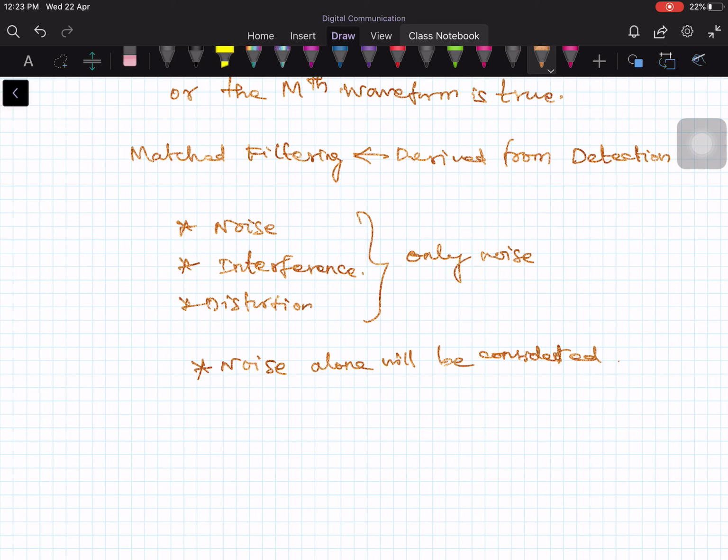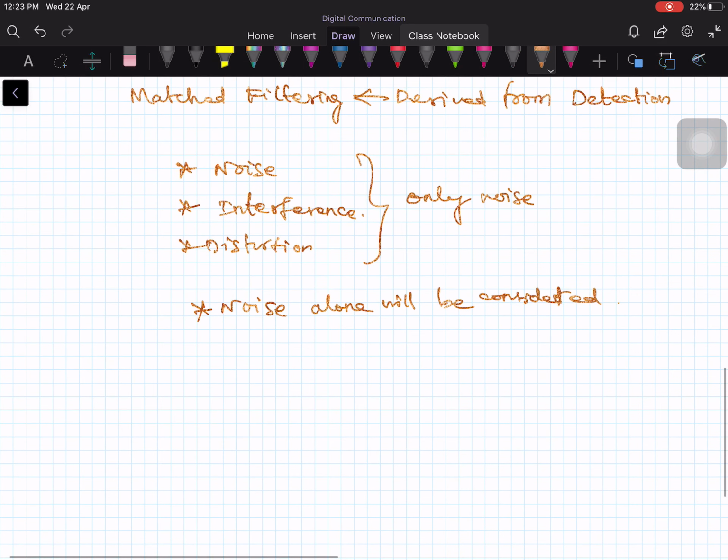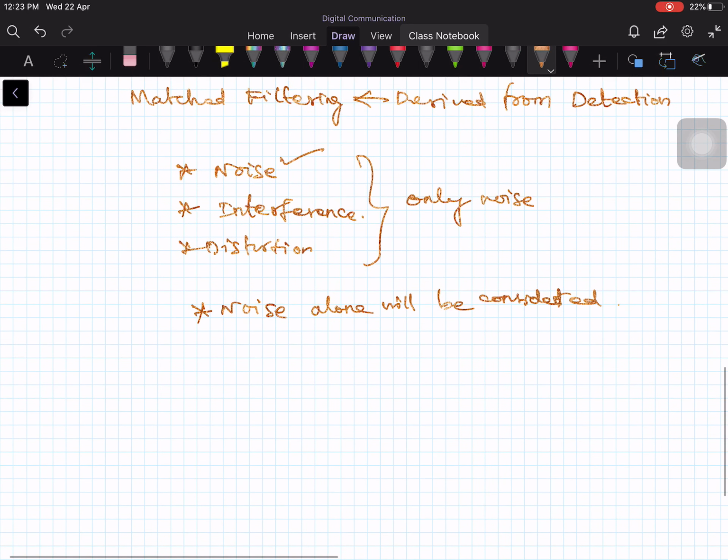At one shot, you should not include all these three impairments together and try to do the demodulation. Then it will be very complex, so don't do that. One assumption that we'll make here, and I'm going to make many assumptions: the first assumption is that I'm going to consider only noise, and the second assumption is that the channel introduces only noise.